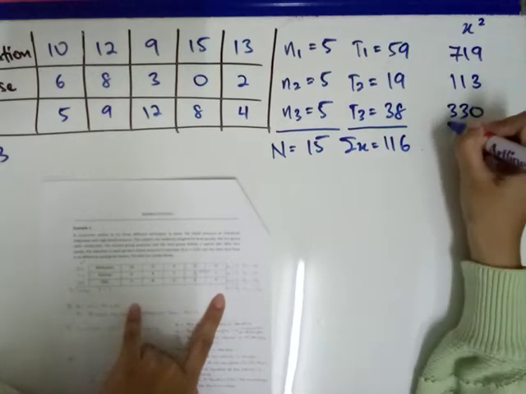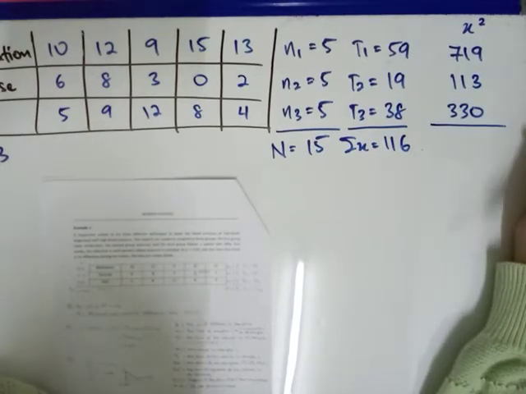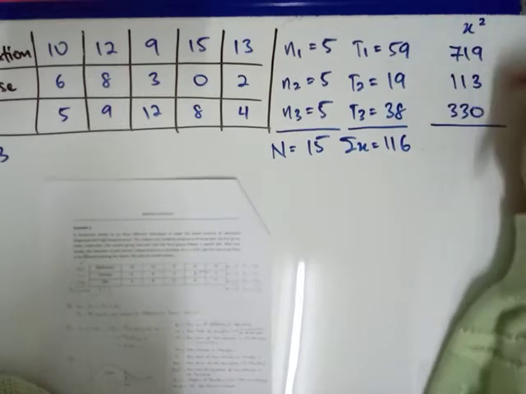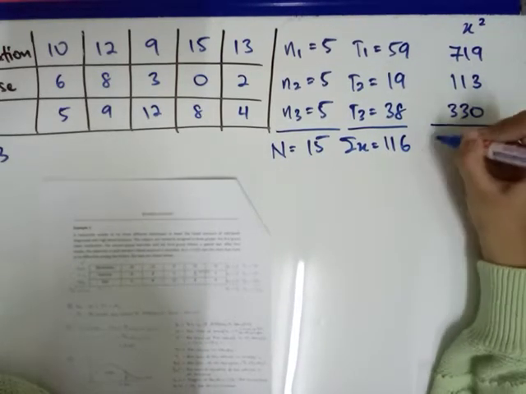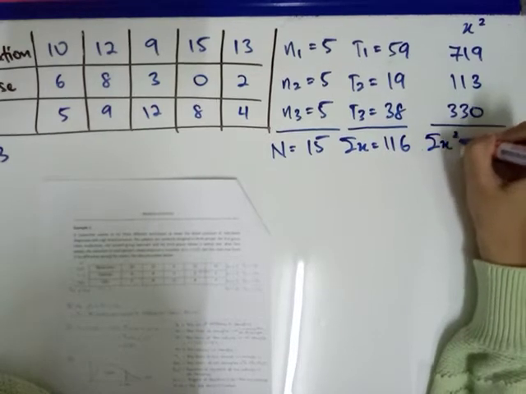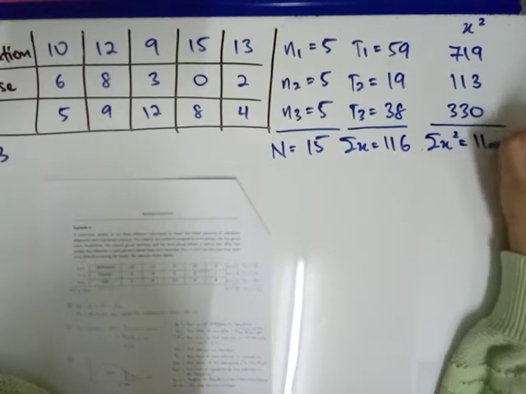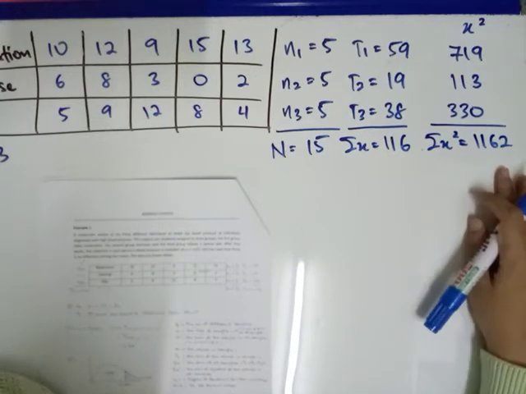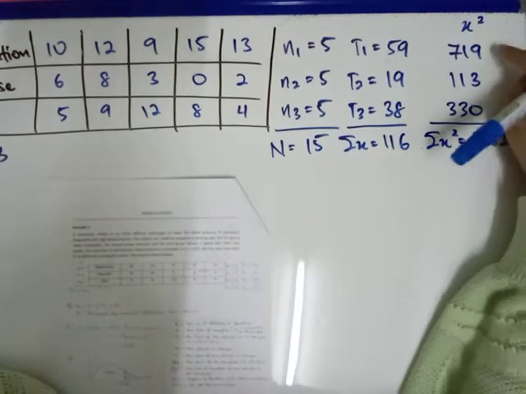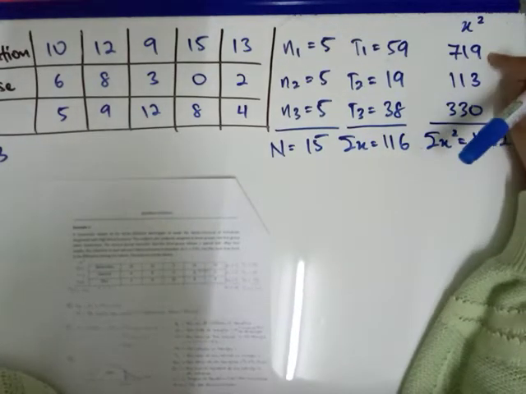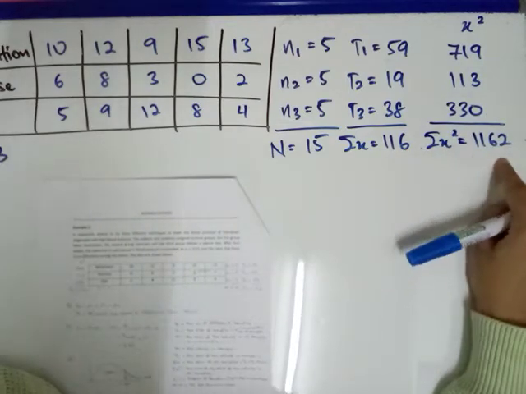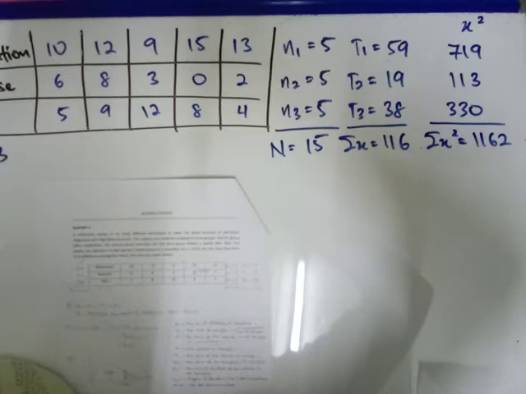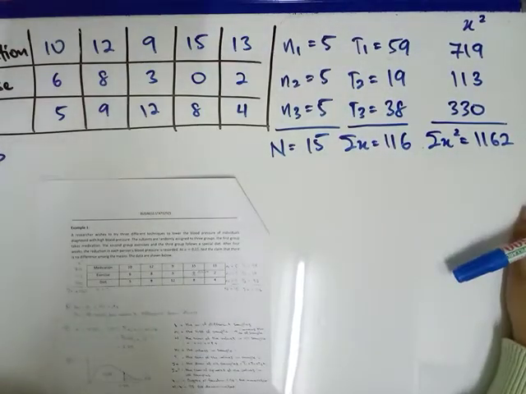Then sum up all these X square values: 719 plus 113 plus 330. You will get 1162 for total X square. Nampak dah?